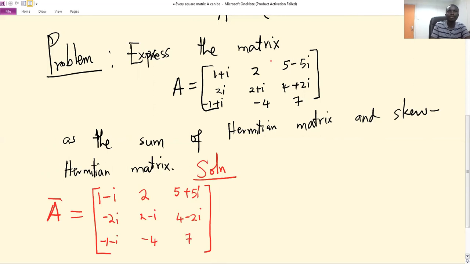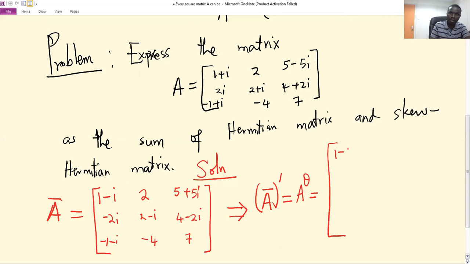So that's the conjugate of this matrix. Simply, you get the conjugate of every element of the matrix A. This implies A conjugate transpose, which is the same as A power theta, will be, now we get the transpose of this conjugate matrix.